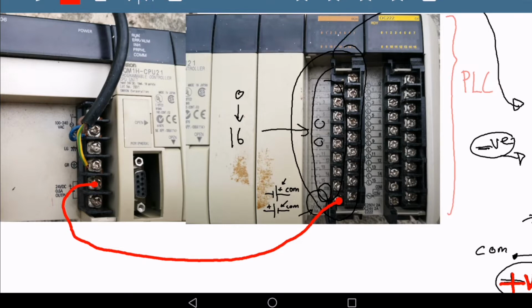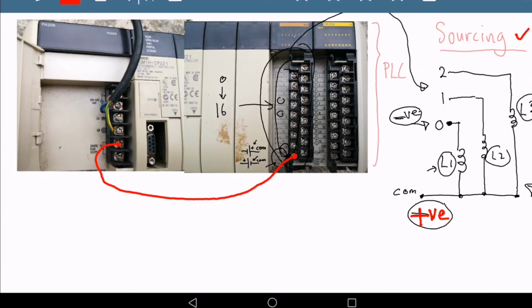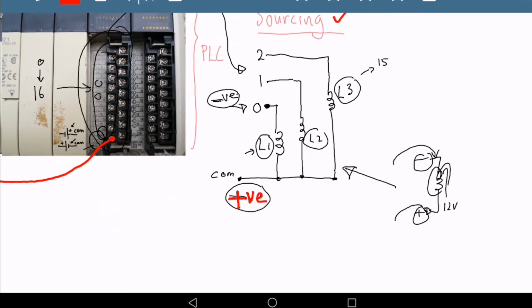So this is what we call sourcing. Sourcing means, to make it easier for you to understand, the common is connected to positive. That's all.